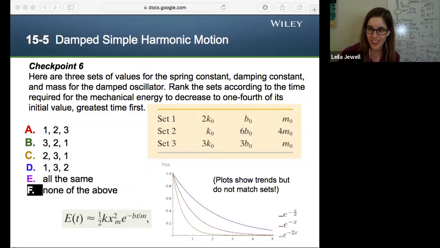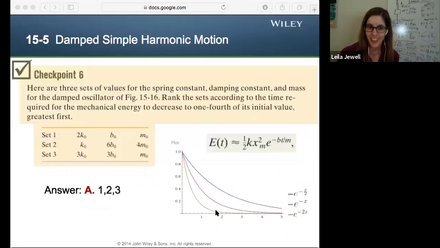Well, let's take a look. So the answer is A, because set 1 has the smallest exponential power, so it takes the longest to decrease in amplitude, versus set 3 takes the least amount of time to decrease in amplitude because it has the largest power. All right, so this was a mouthful.